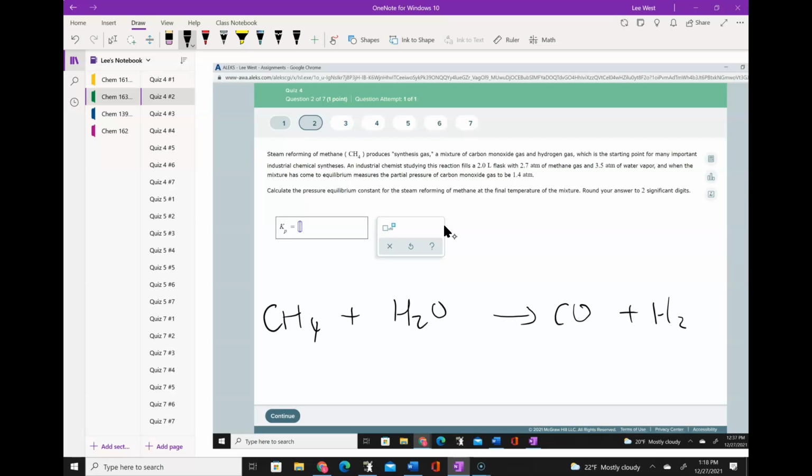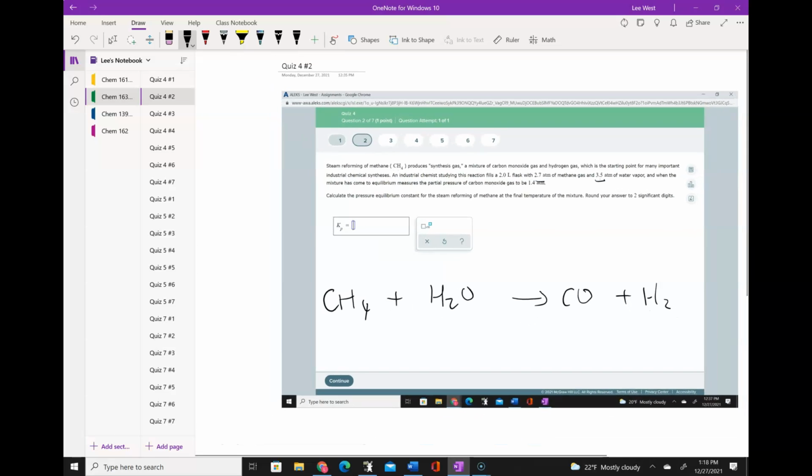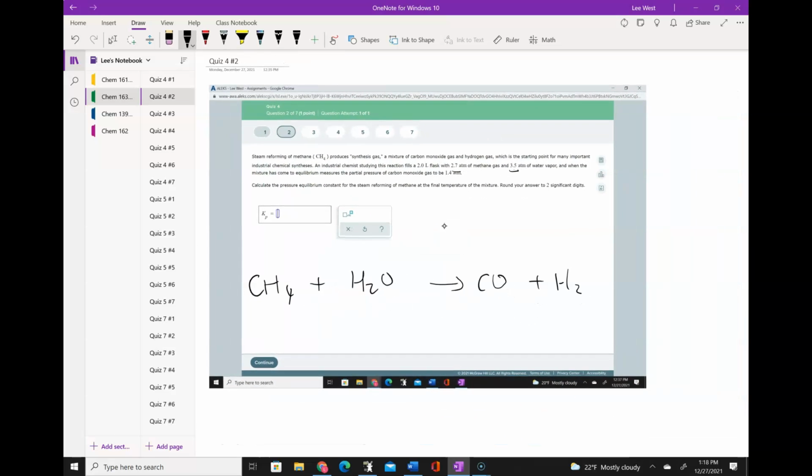So an industrial chemist studying this reaction fills a 2-liter flask with 2.7 atm of methane and 3.5 atm of water vapor.